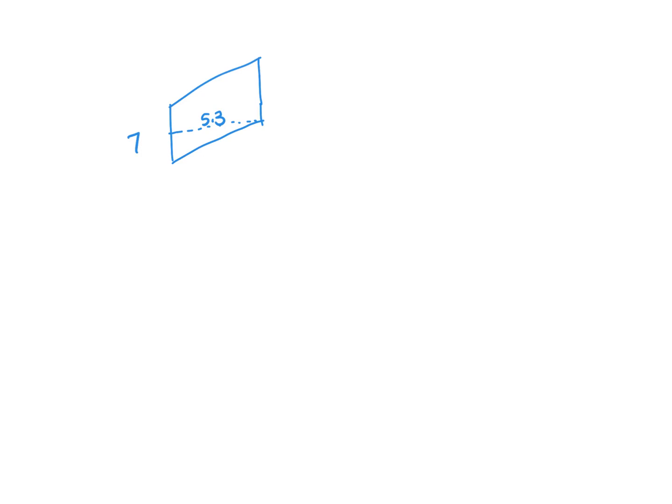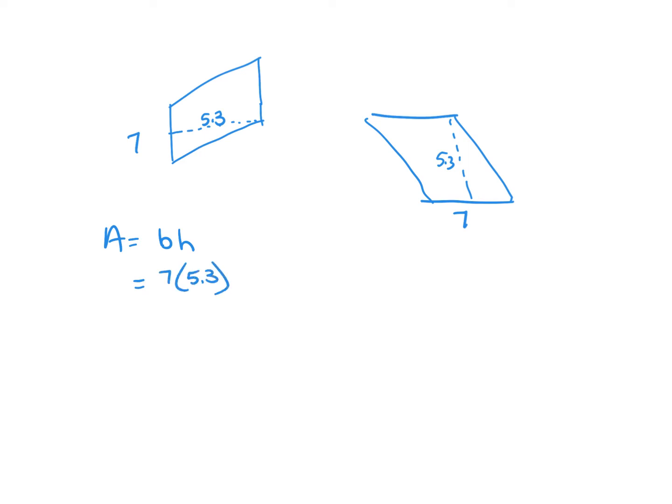If you want to turn that around, this would be the height, 5.3, and the base is 7, okay? So the area of a parallelogram is area equals base times height, and the base is 7, and the height is 5.3, and so it's whatever that is.